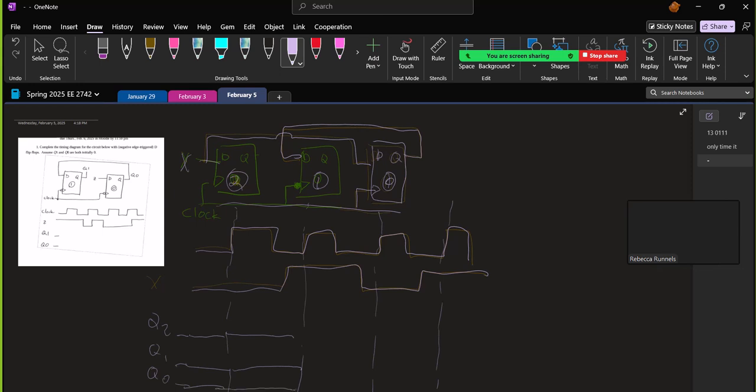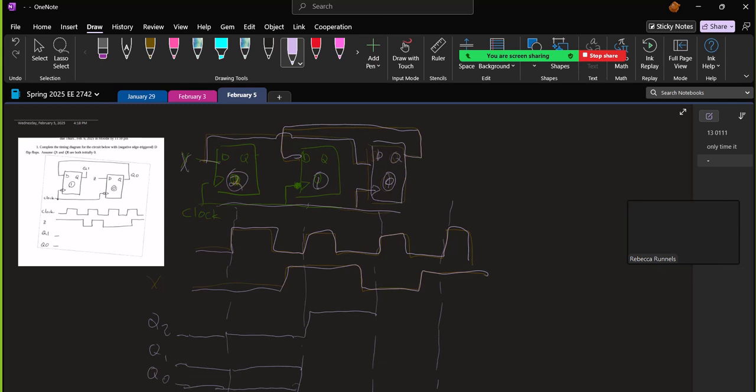Okay, now I get to the next positive edge of the clock, and Q2 is going to look at X. What is X? 1, so it'll change to 1. Now, Q1 has as its input Q0. What was Q0? It's 0.